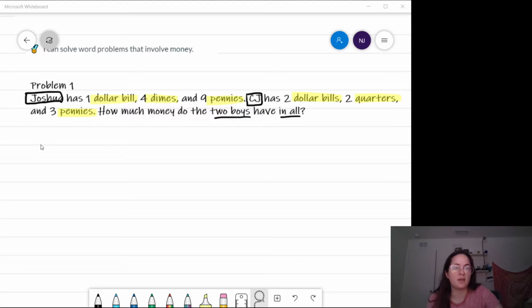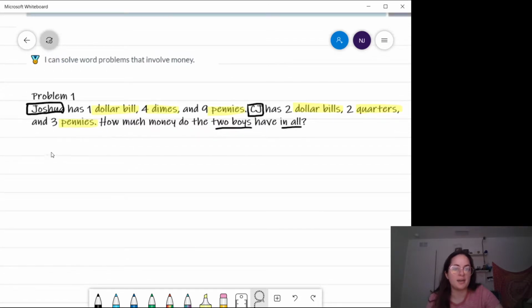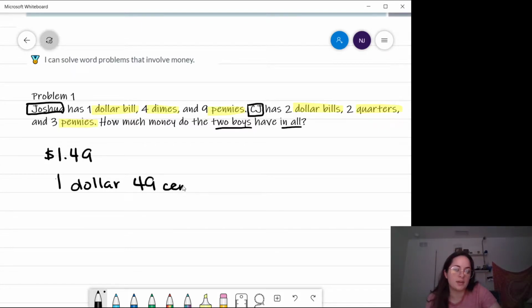So we found that Joshua had $1.49, and CJ had $2.53.